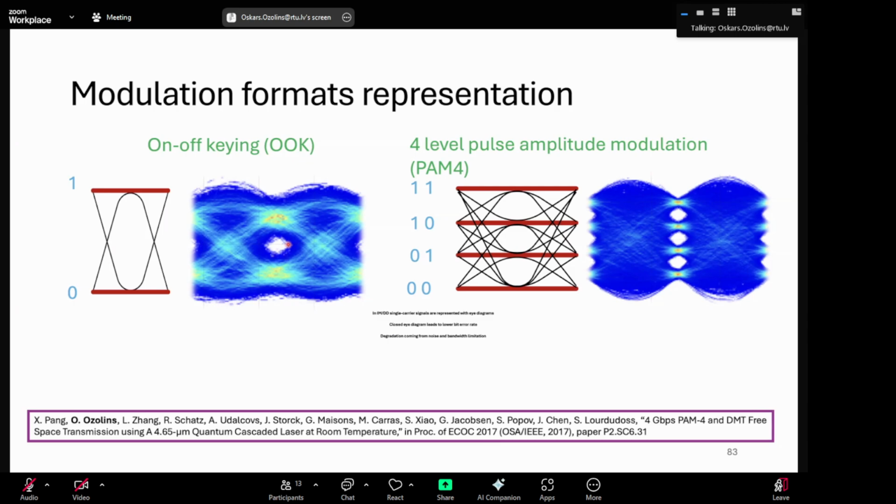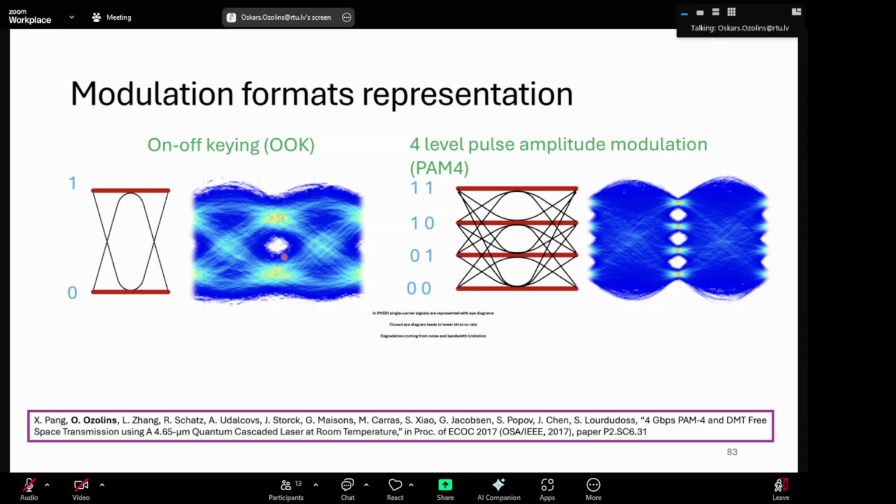I just wanted to show that we could plot an ideal eye diagram, but in experiments we have other impairments, and eventually this might look like an eye diagram whose performance is still good enough to correct errors by using forward error correction codes.